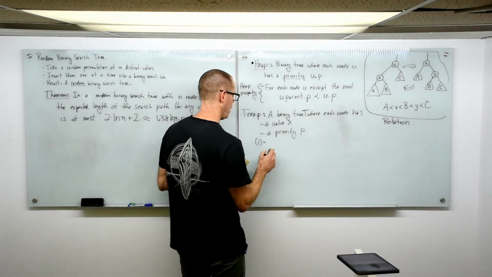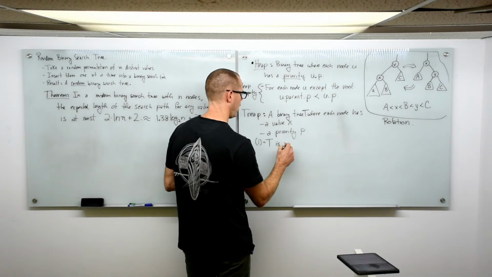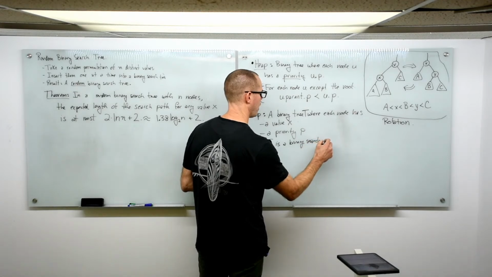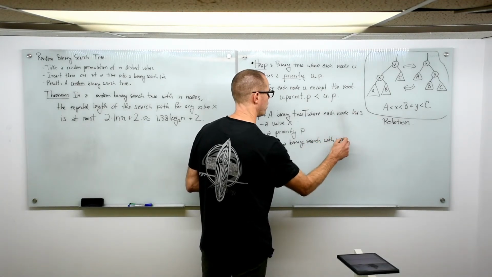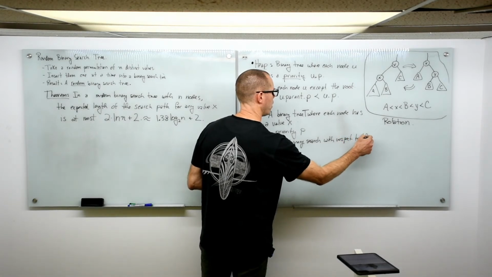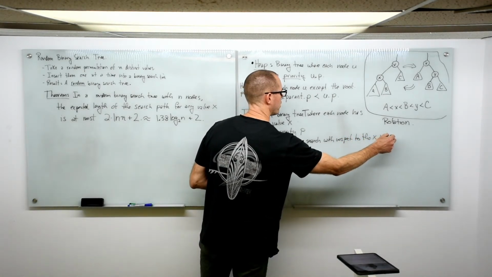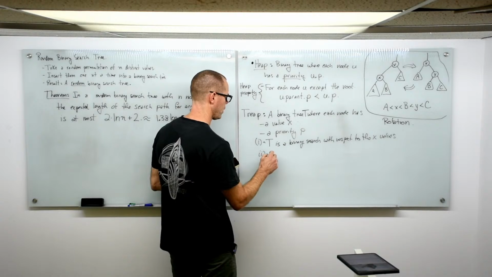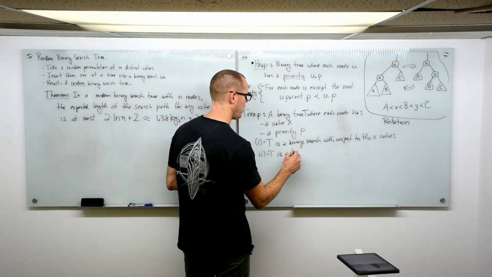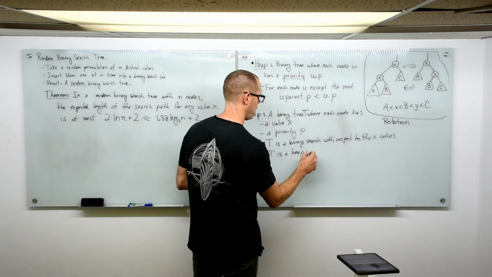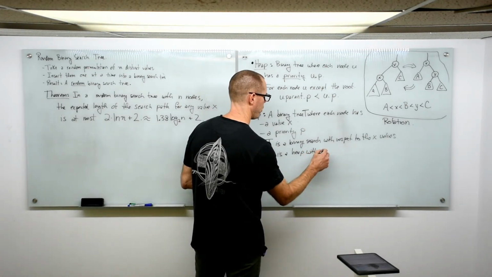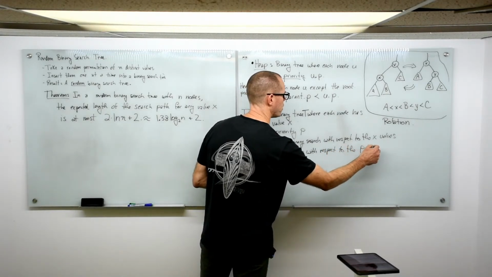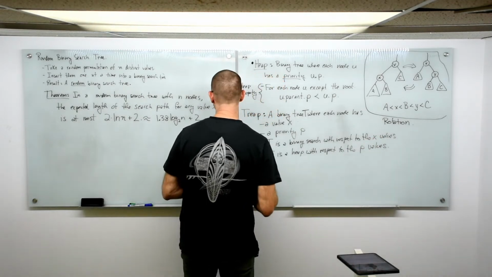Let's call it T. T is a binary search tree with respect to the x values, and at the same time T is a heap with respect to the p values.